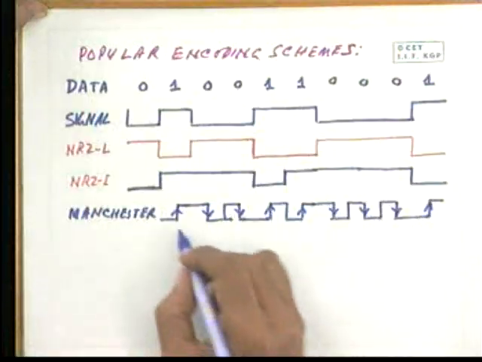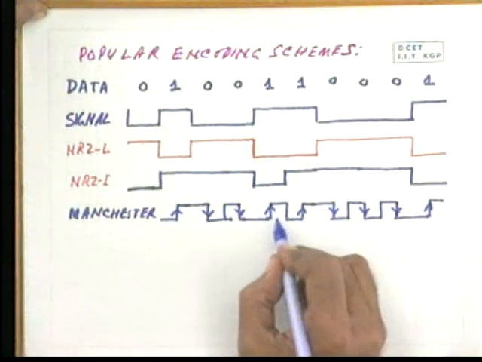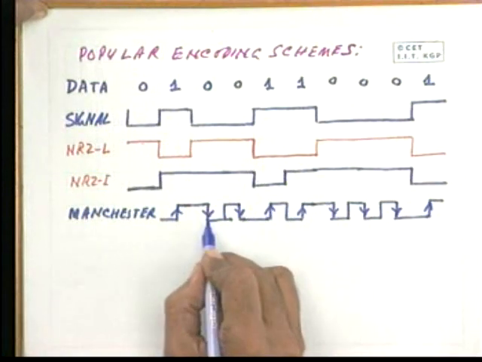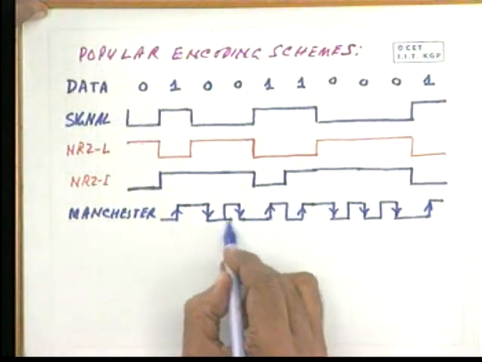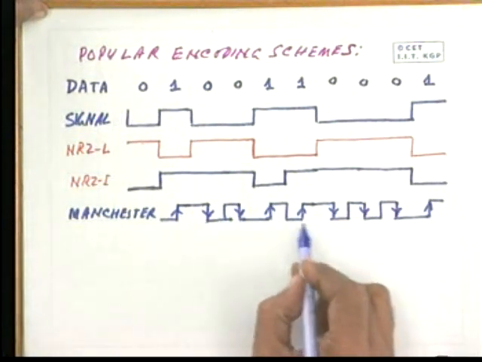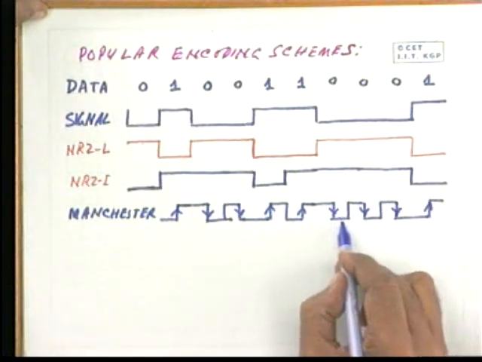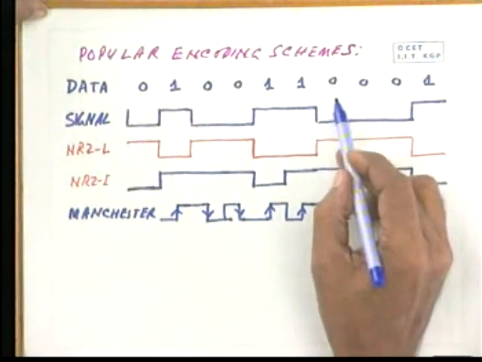And here we see there are lots of transitions, and for each and every bit at least there is one transition, and for some of the bits we find there are two transitions. Here there are two transitions, here there are two transitions, and so on. So if there is a continuous sequence of zeros or ones, then there are two transitions, and if there are alternate ones and zeros, there is only one transition.